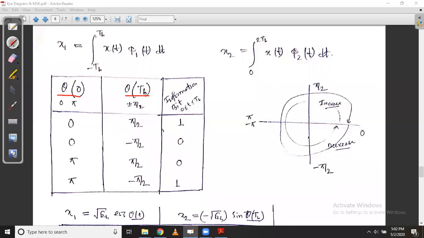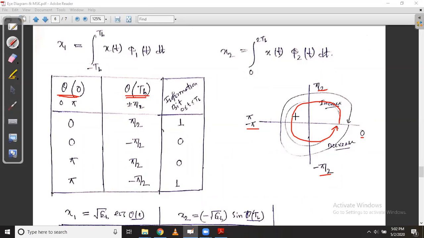After that, this is the next phase and this is the previous one. That means suppose this is the present one, then this is the previous one. Now you draw the x-axis, y-axis, 0, plus minus pi, pi by 2 and minus pi by 2. Now when you are moving anti-clockwise, the phase angle value is increasing.